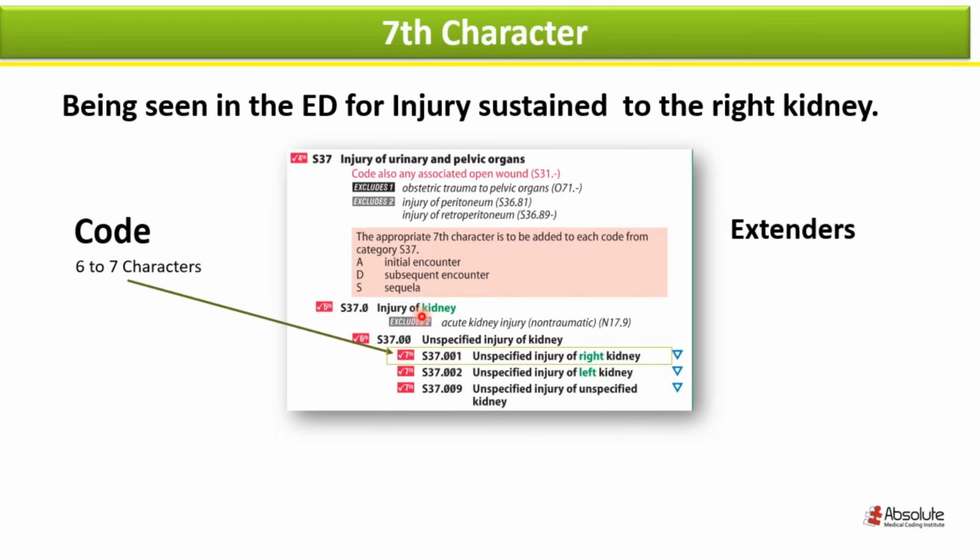All right. So if this patient was seen in the ED, which of the three will be our seventh character extender, the seventh character that we're going to place at the end of this 6-character code? If you said A, outstanding, because A is for initial, and almost always when a patient's seen in the ED, it's acute care happening right now.